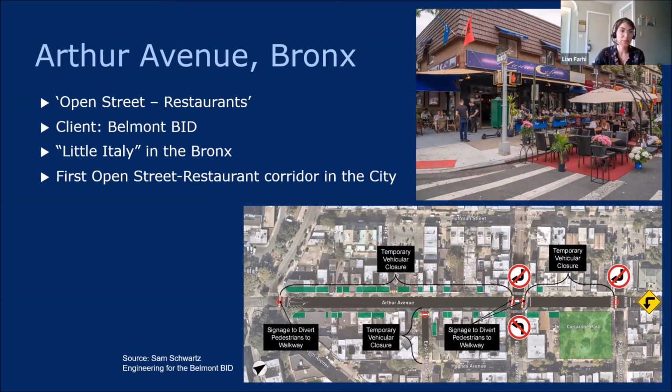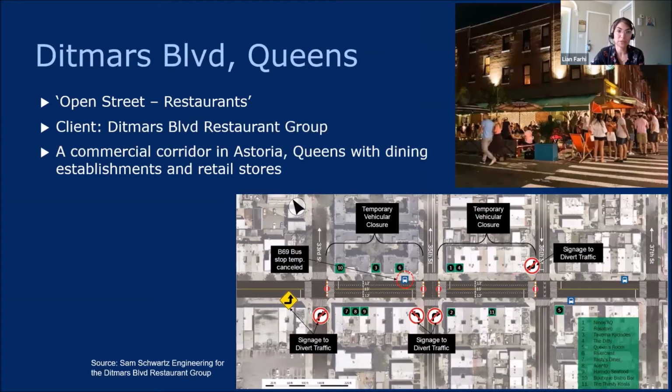And another example would be from Queens, Dietmar Boulevard. What's interesting here is that a group of restaurant owners came together and created this group with a shared interest to create this space for more outdoor dining. And that was a little more challenging because Dietmar Boulevard has transit, a bus lane that goes through the corridor, and another limitation was a firehouse that needed to go through the area as well.